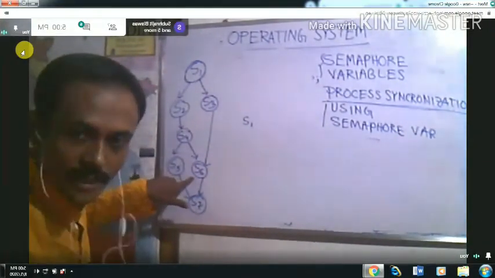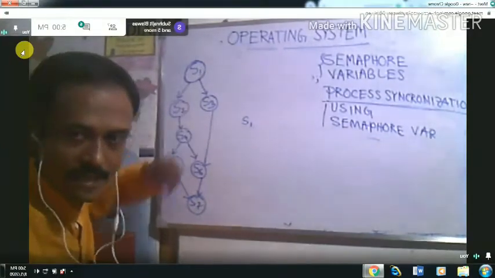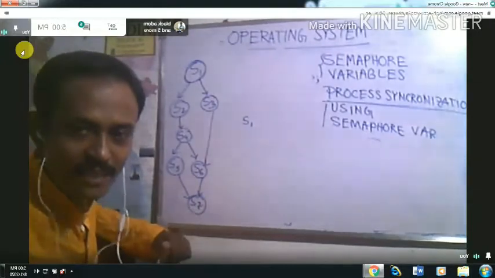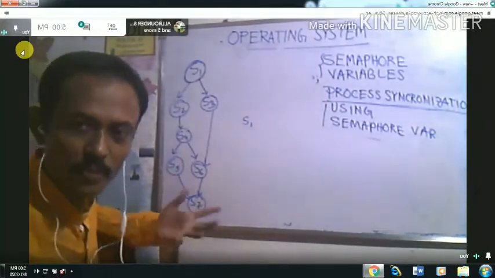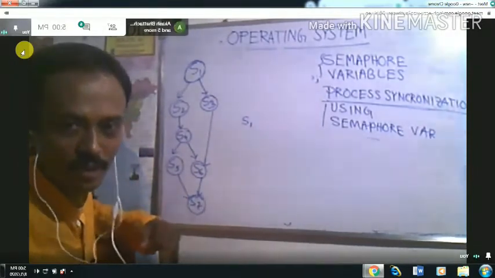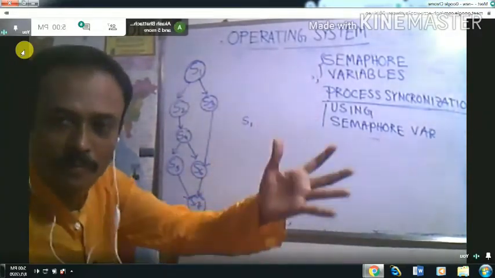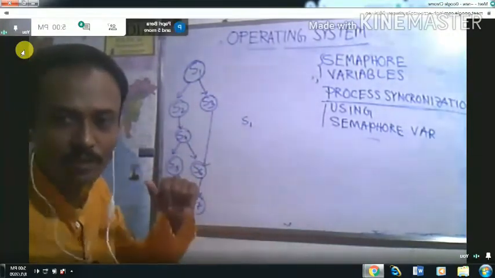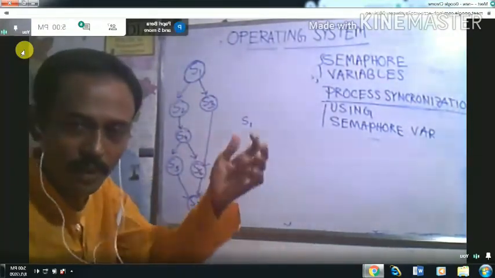So that means there is a synchronization, and we already learned that using the semaphore variable we can solve the synchronization problem. So that synchronization concept, that means calling the P operation and V operation, we will use in this example also, and using the P operation and V operation we will see how we can write the parallel program.